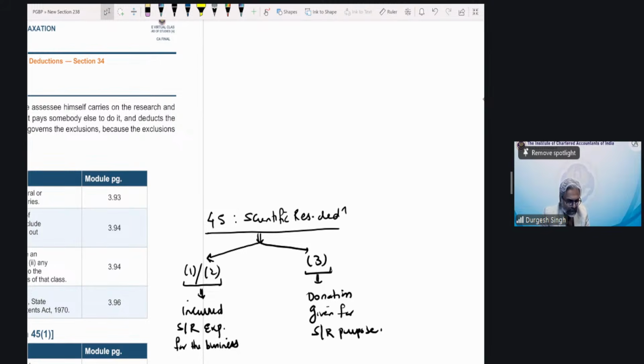Fine. Now, students, on that basis, let's begin with this particular thing. So obviously, students, the government encourages this. This is actually an important section. Please understand, this is a very important section, specifically when you have something like the Make in India program of the government.